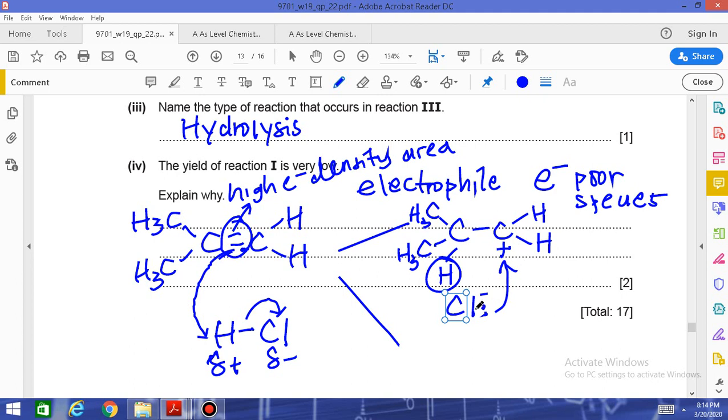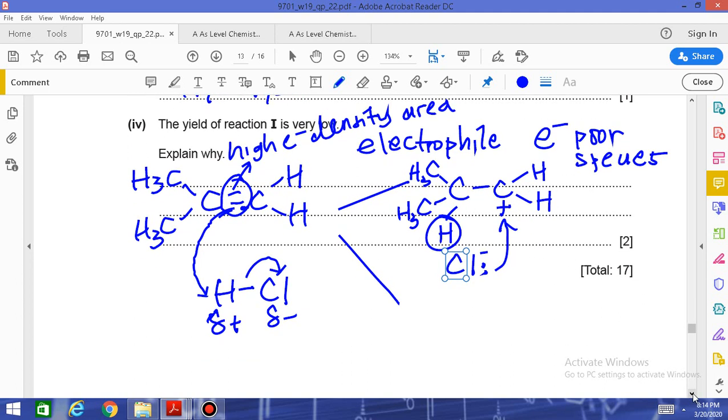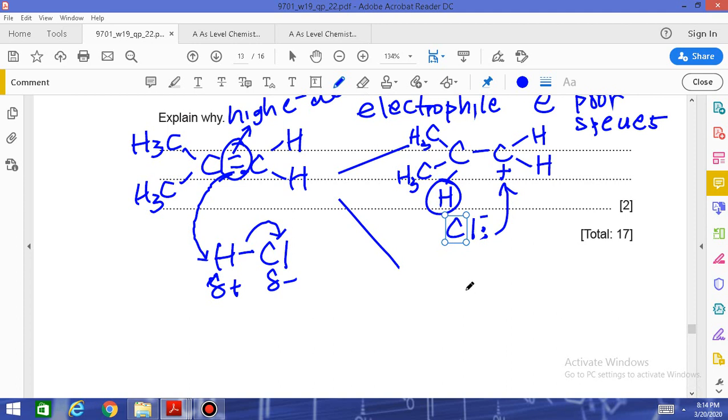Once again, the nucleophile, the chloride ion, donates an electron pair to the carbocation. The carbocation is the electrophile or electron poor species.